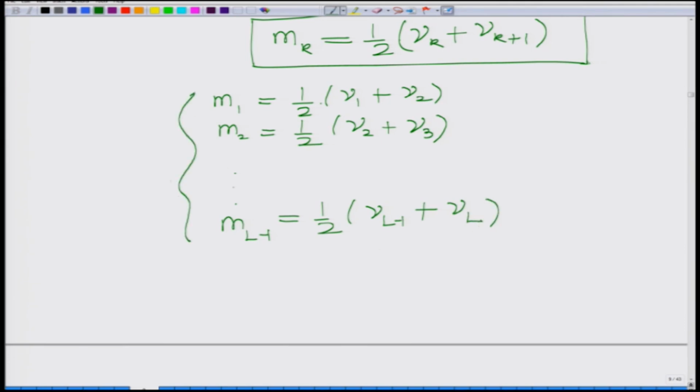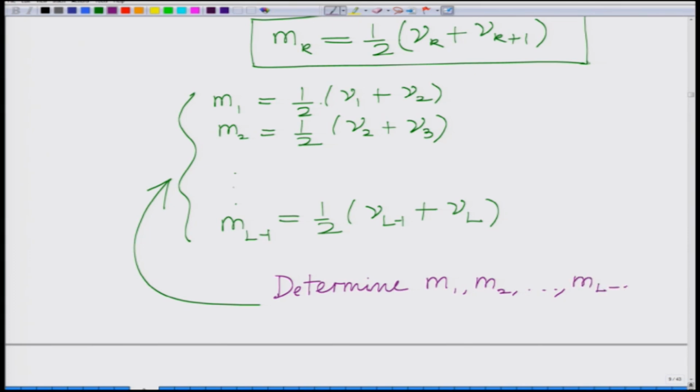These determine m1, m2 up to m l minus 1.